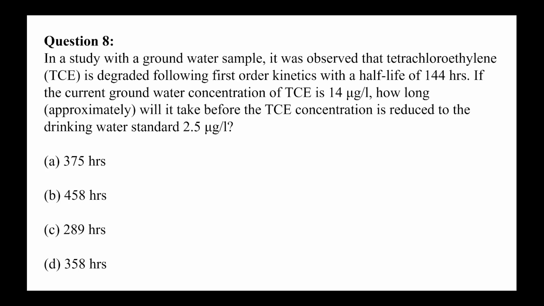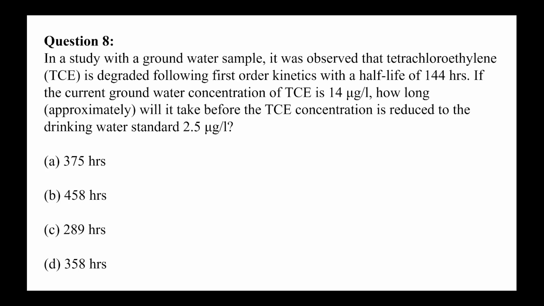If the current groundwater concentration of TCE is 14 microgram per liter, how long approximately will it take before the TCE concentration is reduced to the drinking water standard, that is 2.5 microgram per liter? So you have the half life given, the current concentration of 14 microgram per liter, and the final concentration that you wish to achieve, 2.5 microgram per liter.